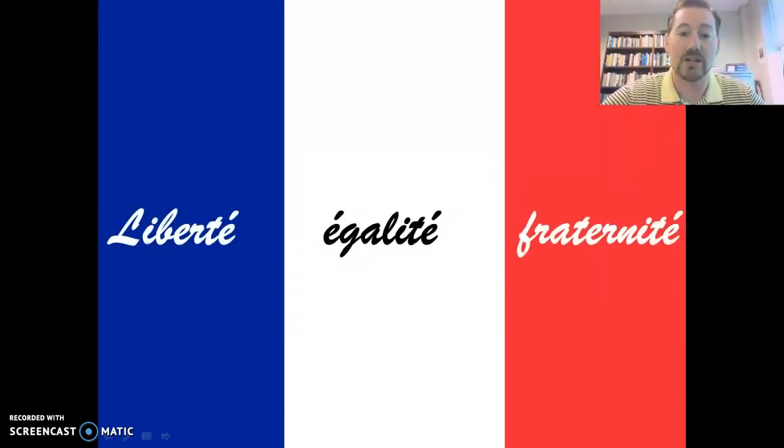This is the tricolor, the flag of France, the blue, white, and red stripes. It's still the flag of France today. And then these are the mottos of the revolution: liberty, equality and fraternity. And so that is where we see France moving into the early 1790s up until about 1793, '94, and then things take a very dramatic turn.